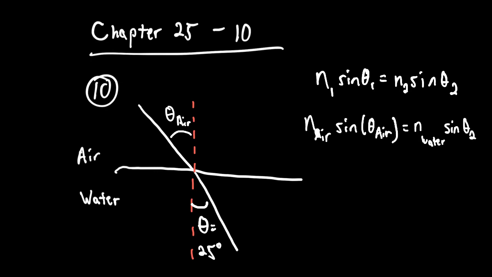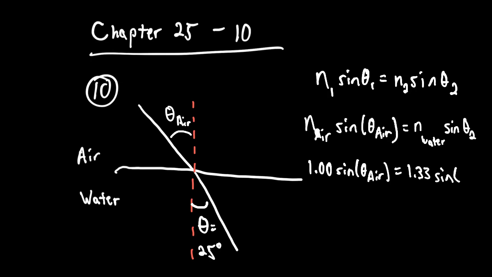Can I plug in some numbers? Do I know what the index of refraction is in air? Yeah, what is it? 1. So this just goes to 1 times sine of theta air equals n water. Do I know the index of refraction of water? What is that? It's 1.33 times sine theta 2.